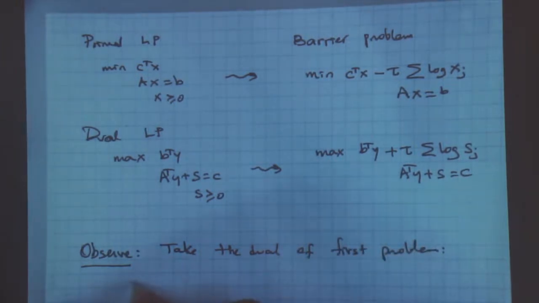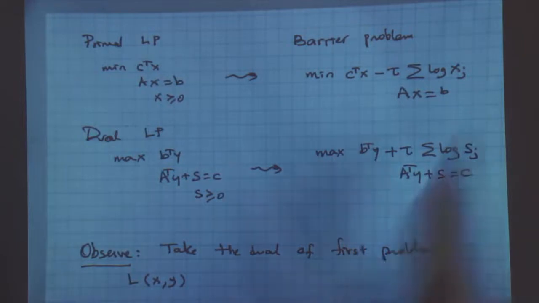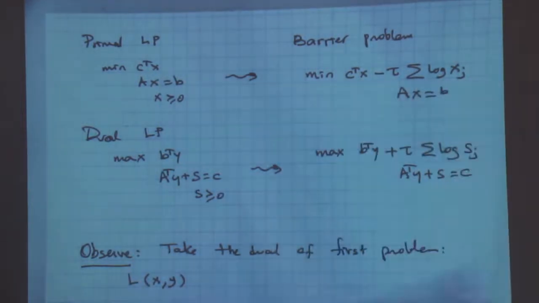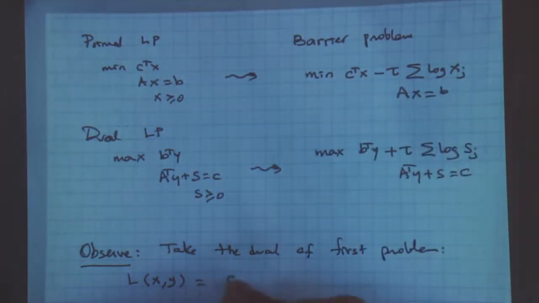So the dual of the first problem, first we need to set up the Lagrangian, right? So L(x, y), this only has inequality constraints, right? So this is going to be the same objective.